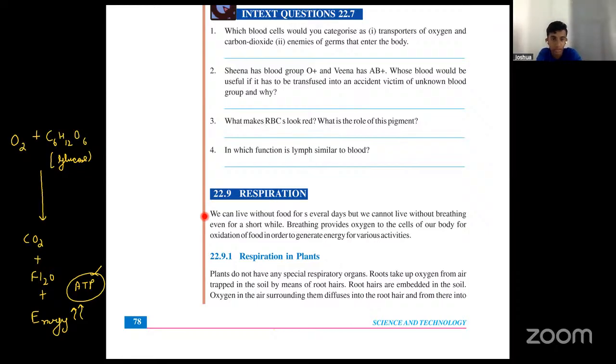Respiration in plants. Plants do not have any special respiratory organs. Roots take up oxygen from air trapped in the soil by means of root hairs. Root hairs are embedded in the soil. Oxygen in the air surrounding them diffuses into the root hair.